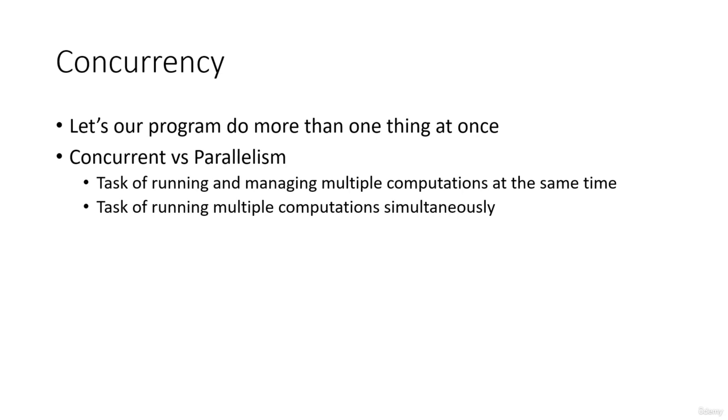There are a lot of different definitions out there, but simply, concurrency is the task of running or managing multiple computations at the same time, whereas parallelism is the task of running multiple computations simultaneously. So an example of parallelism: you throw laundry in the washing machine, but you also have clothes in the dryer at the same time, right? So you're washing clothes and also drying clothes at the same time.